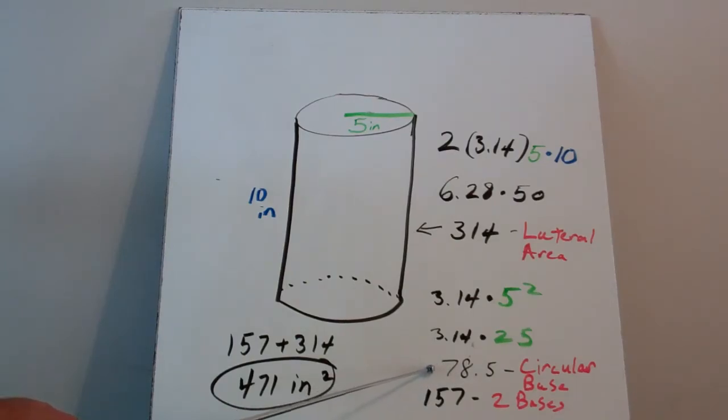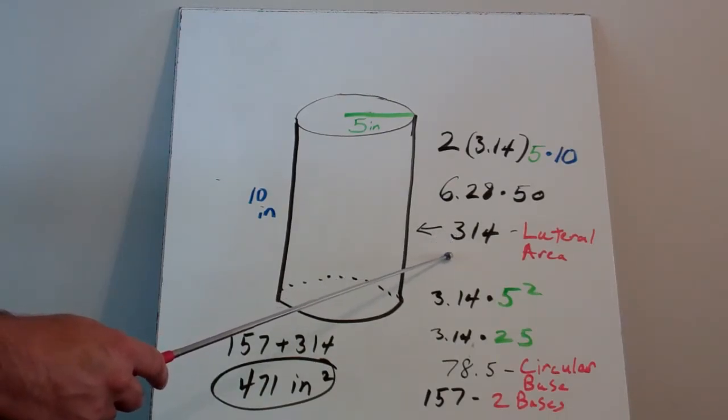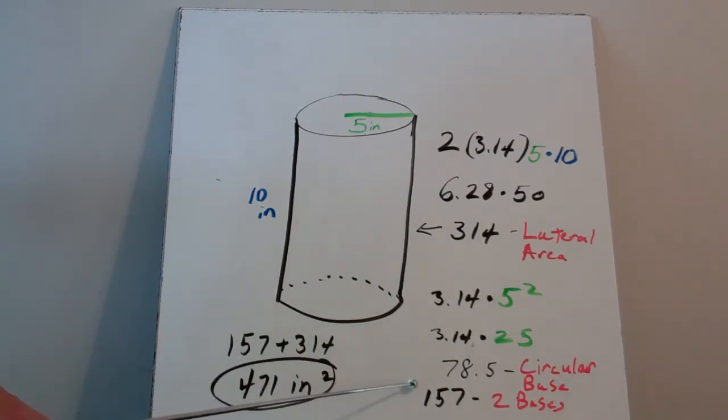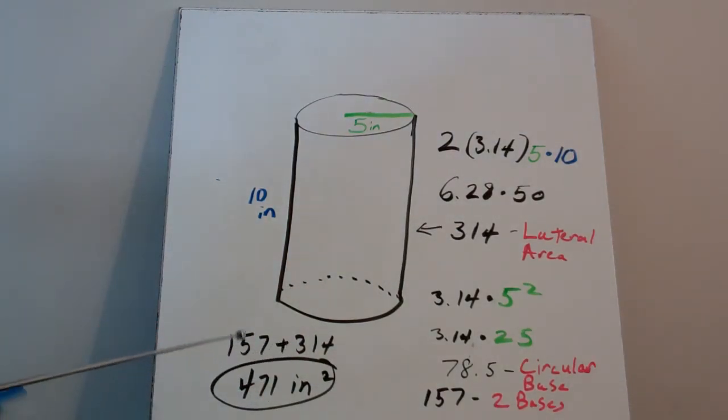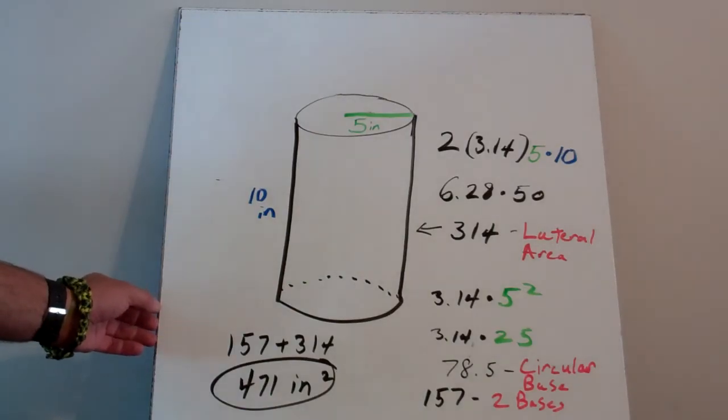So 78.5 times 2 leaves me with 157. And then that is the area of both circular bases. Then I take the area of the lateral face and the area of both circular bases, so 314 plus 157, add those together, and I get my final surface area total of 471 inches squared.